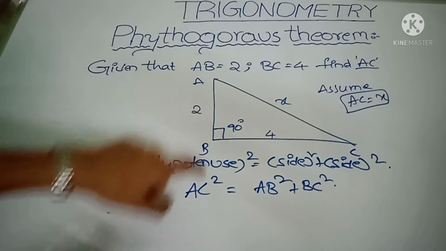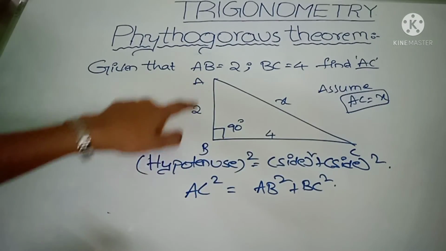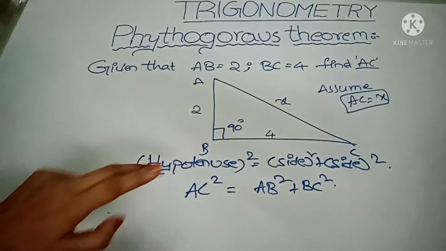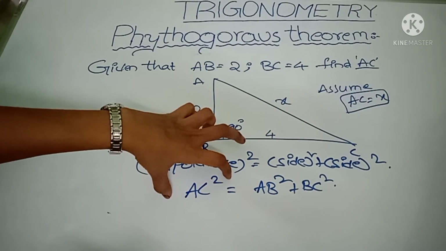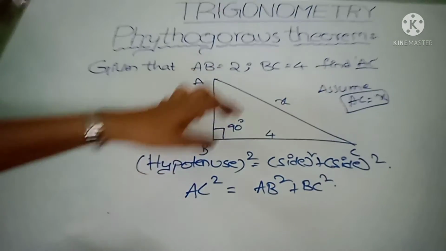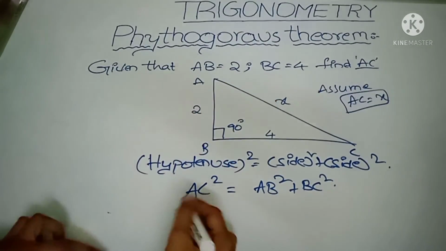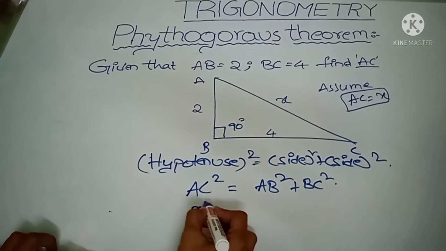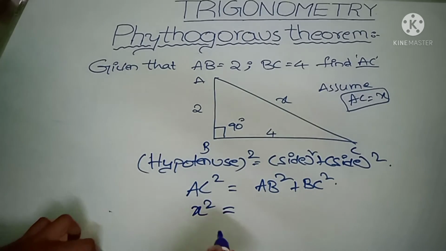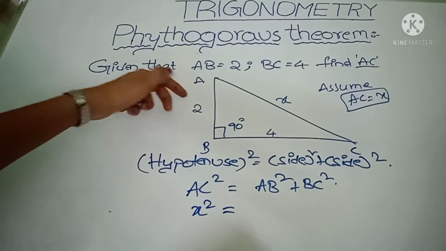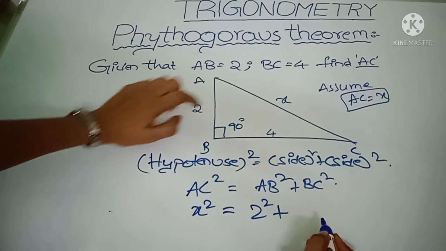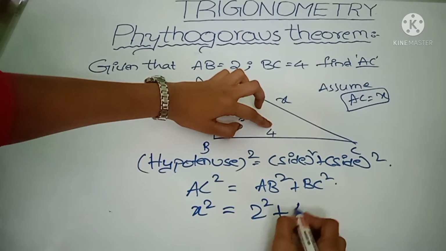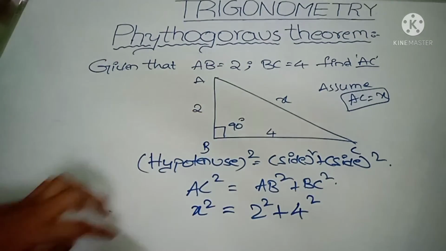We already know the formula: AC square is equal to AB square plus BC square. So X square is equal to 2 square plus 4 square.